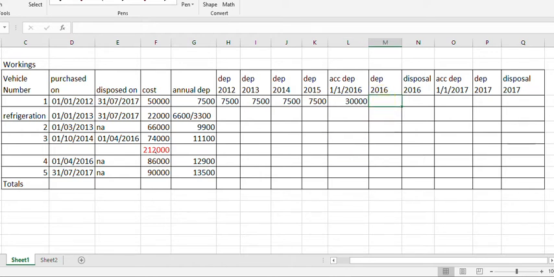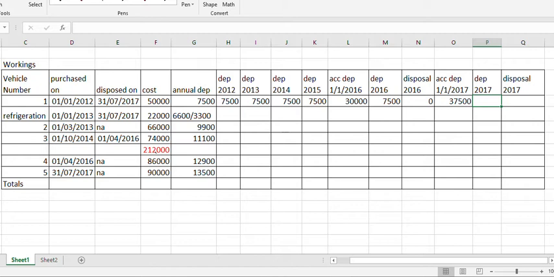Depreciation in 2016 is a full year. There is no disposal in 2016, so the accumulated depreciation by the beginning of 2017 is accumulated 2016 plus depreciation in 2016.